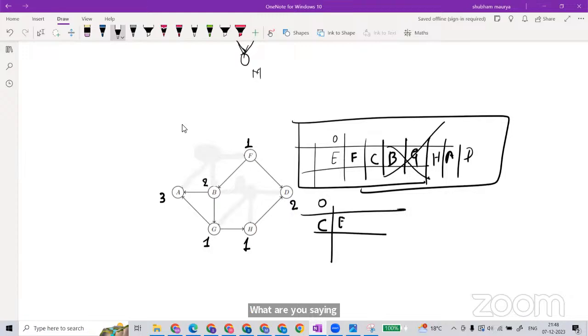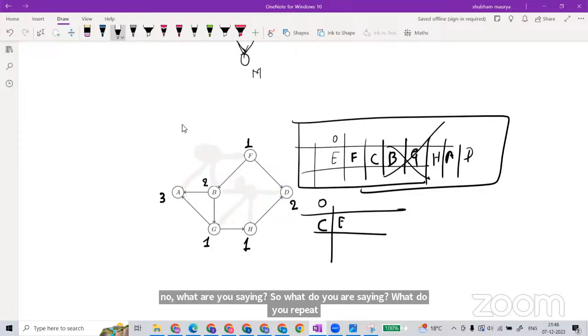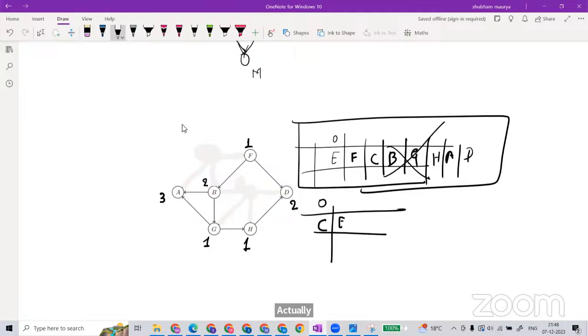Actually, sir, edges started in this diagram.